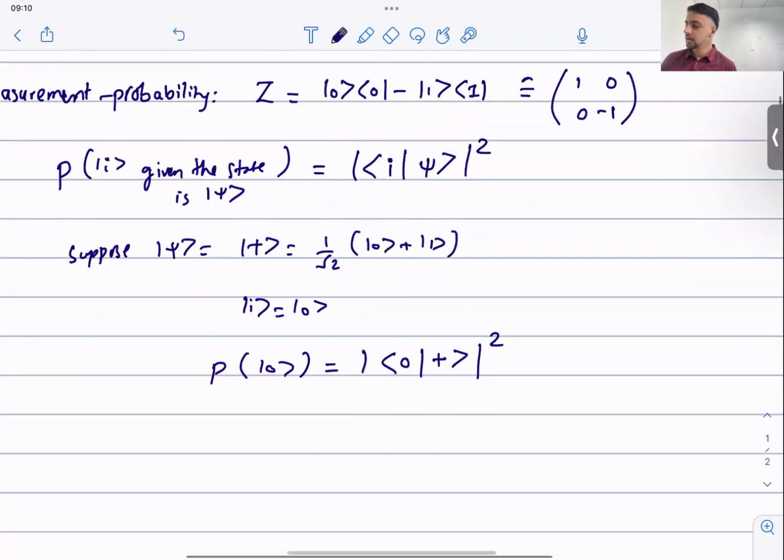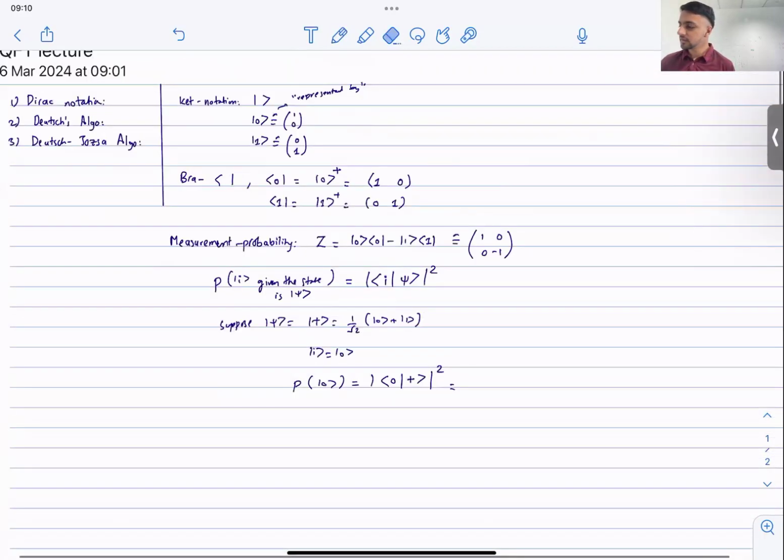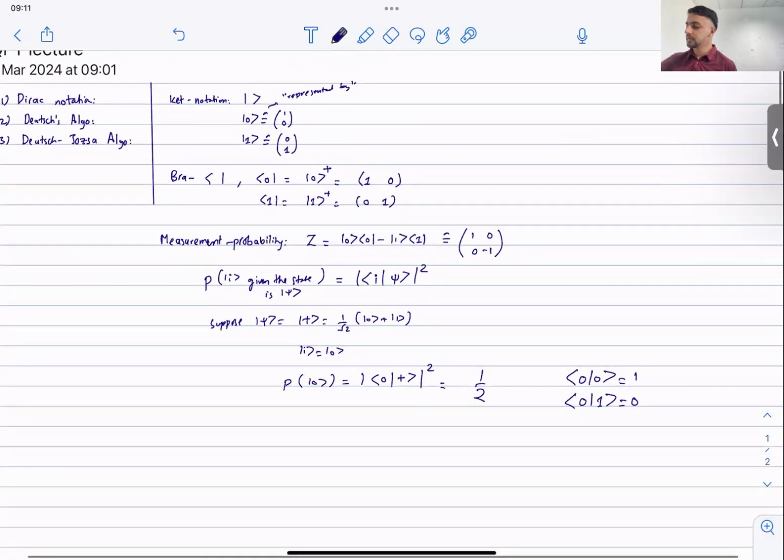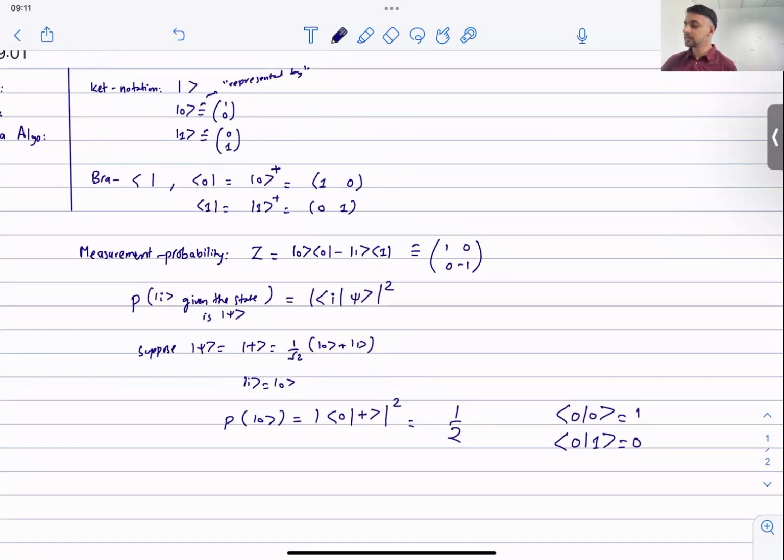You can simply read off that the inner product of 0 with 0 is 1, and 0 with 1 is 0. So it's just going to be 1/2, because of these things I mentioned. The inner product of 0 with 0 is 1, and 0 with 1 is 0 because these are orthogonal. You can also verify this by using column and row vector multiplication.